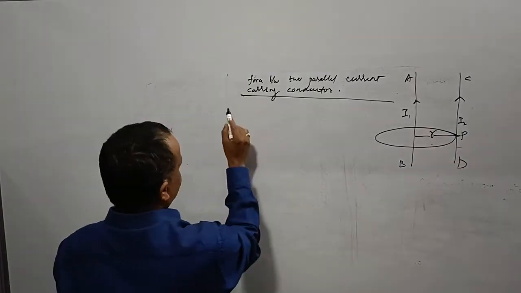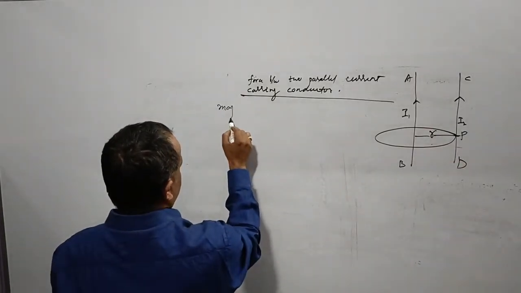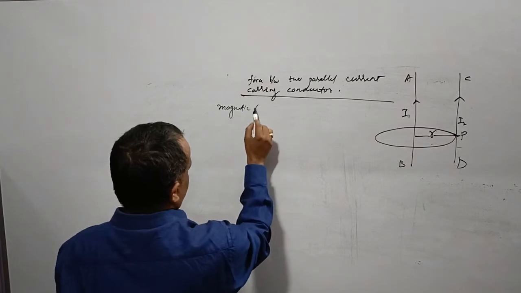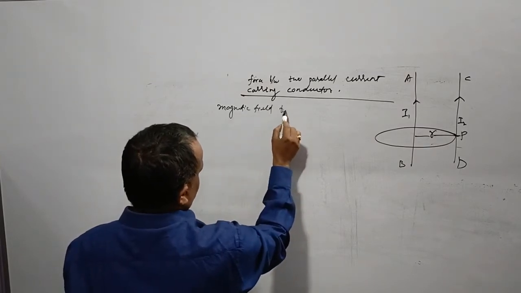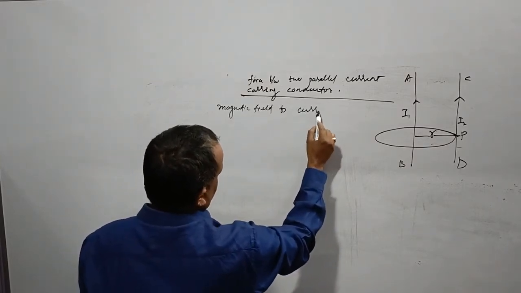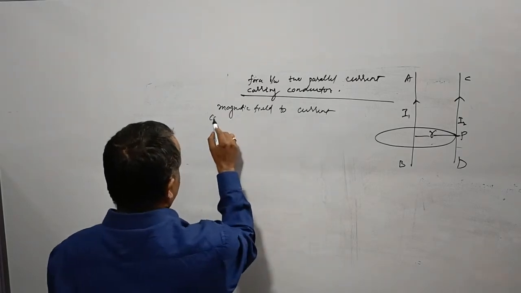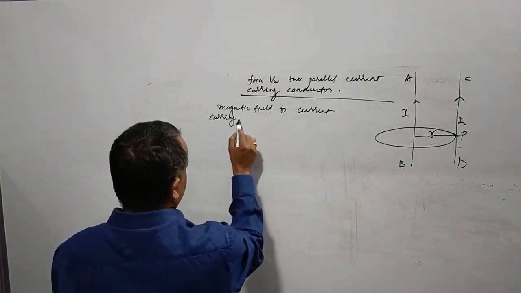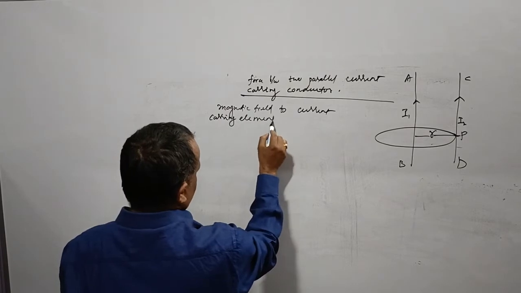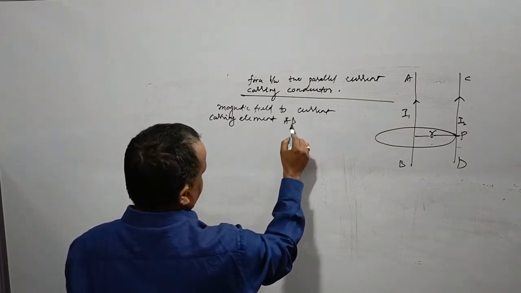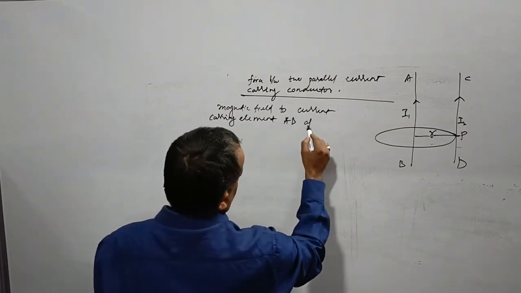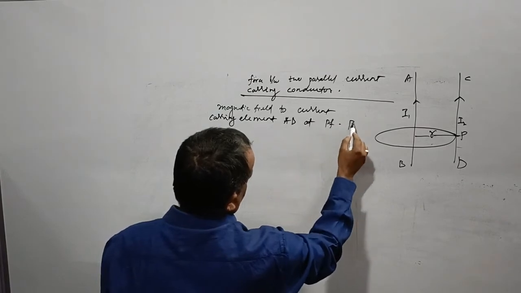The magnetic field due to current carrying element AB at point P.